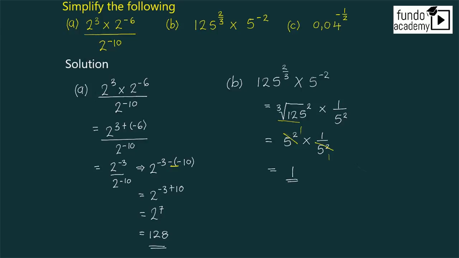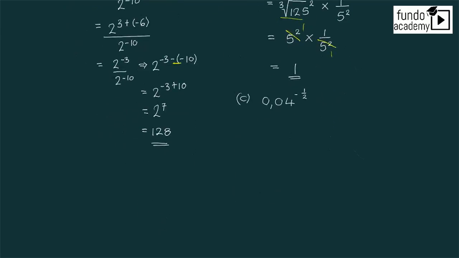So let's move on to the last example. We want to go on to part C. We have 0.04 to the power of negative 1 over 2. We have a negative power, but first of all, since we have a decimal, I would want to express 0.04 as a fraction, and it becomes 4 over 100, right?